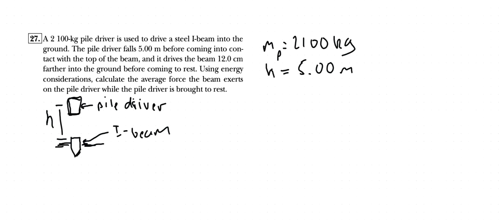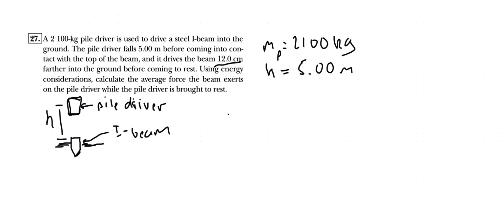And I'm going to call the other distance, this one, depth. Okay. So basically, the pile driver falls onto the I-beam, and it falls 5 meters. Okay. And it drives the I-beam 12 centimeters farther into the ground before coming to rest.